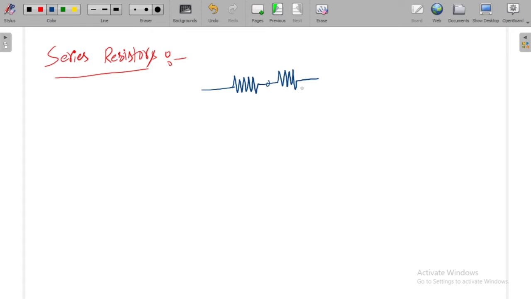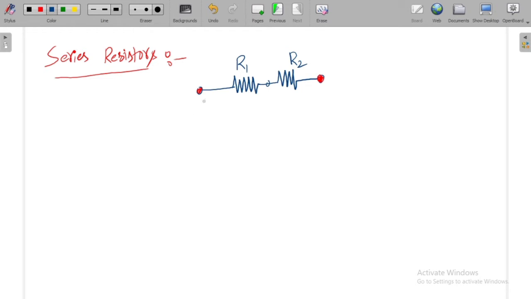We can say these two resistors are connected in series when we have the same current flowing through both the resistors R1 and R2, in between the two terminals. Let us give names for these two nodes or terminals.